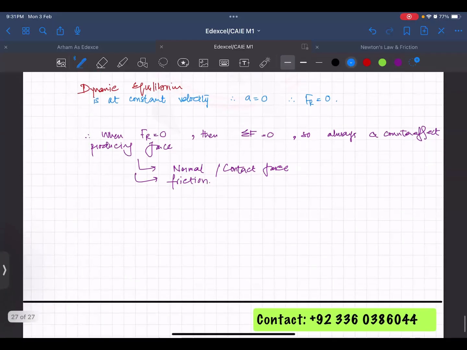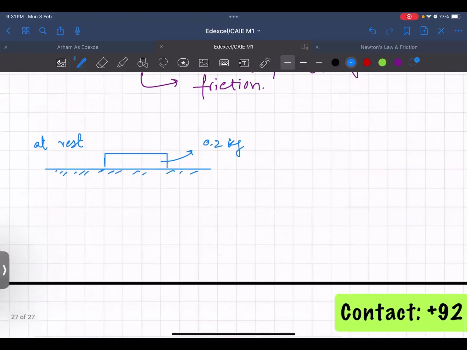Okay, for example, right now this is a table, and there is a book lying on this table like this. The book is, let's suppose, 0.2 kg, and right now the book is at rest. So on this book right now, how many forces are being applied?